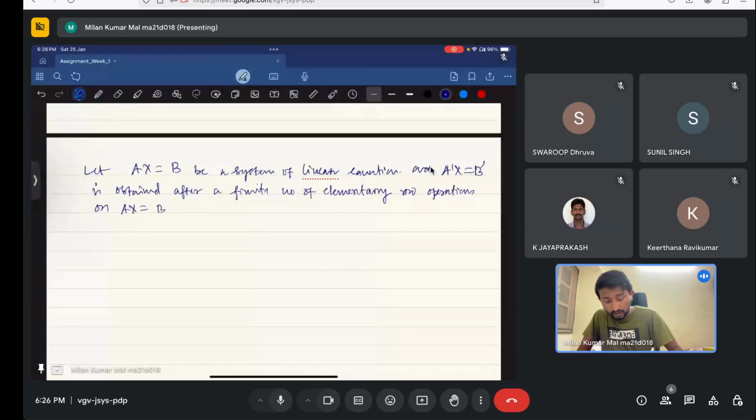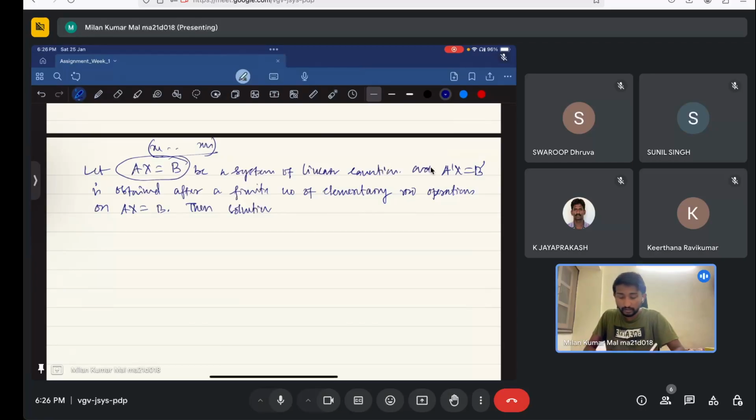Then solutions, meaning the set of x1, x2, ..., xn, those values of x1, x2, ..., xn for which we have this equation. This is a set of equations written in matrix form.